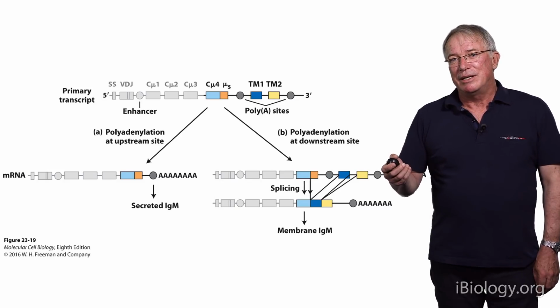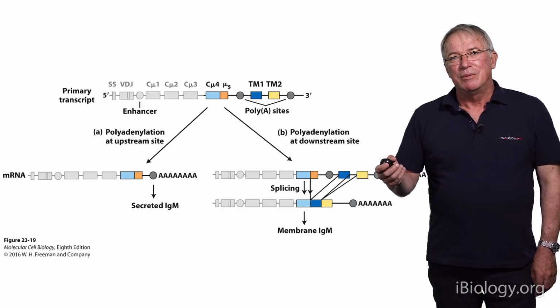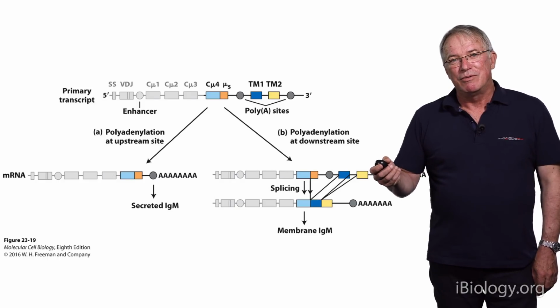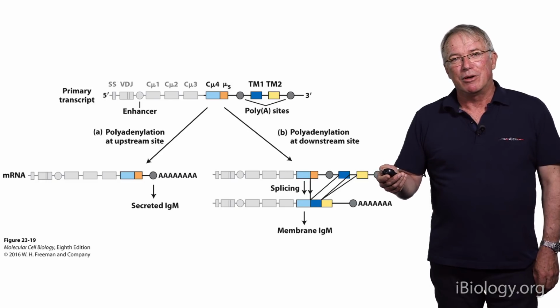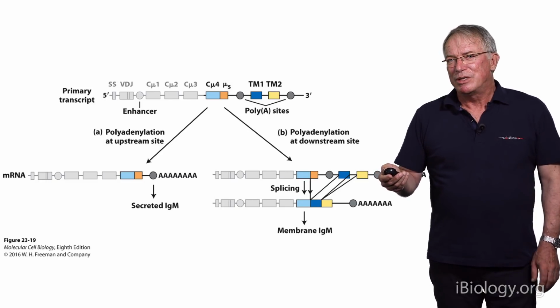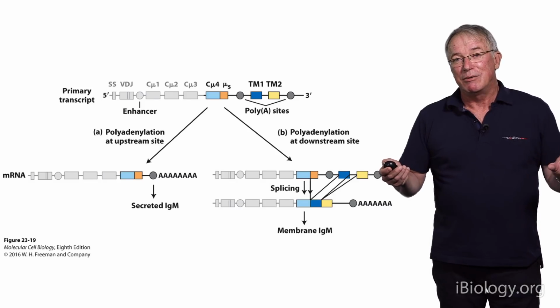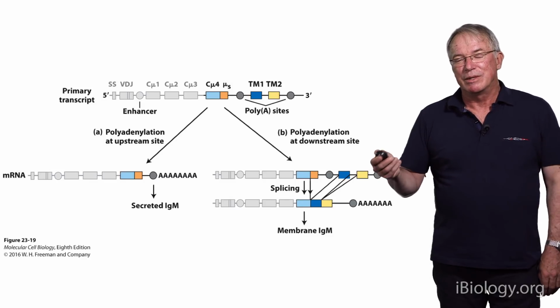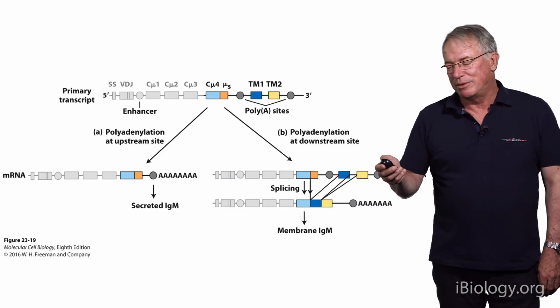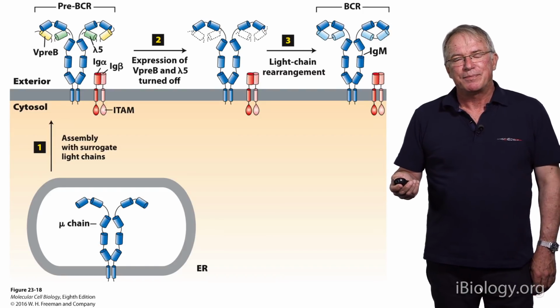Depending on which poly-A addition site is used, the B cell either produces the secreted version or the membrane-bound version of that one and the same immunoglobulin. This foreshadows the important role of the B cell receptor in perceiving antigen and allowing B cells to expand, but also to allow that very same B cell to release immunoglobulins into the bloodstream where they can exert their effect, for example, by neutralizing a virus.